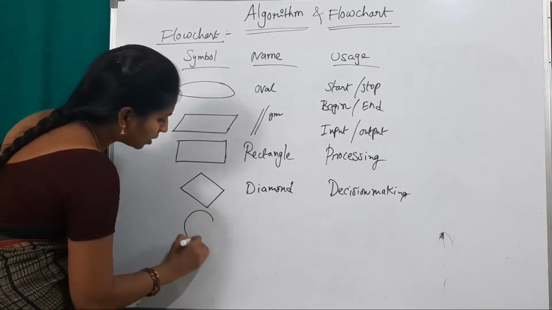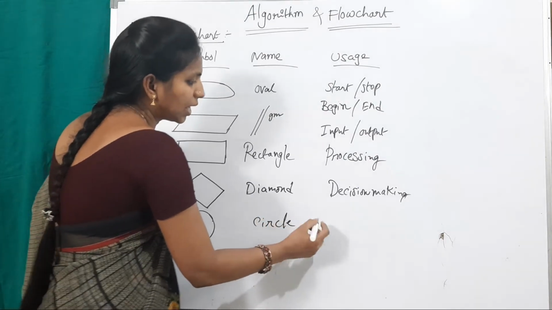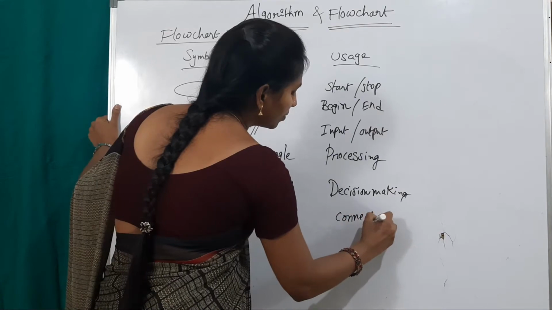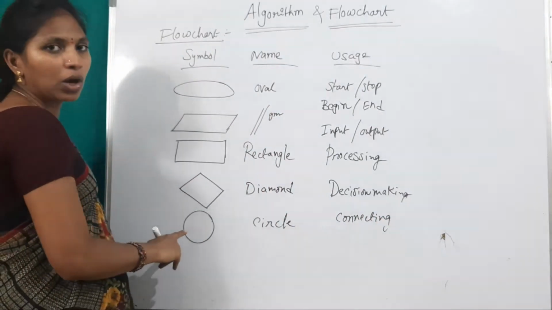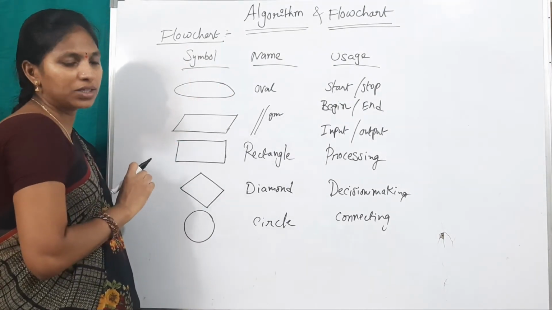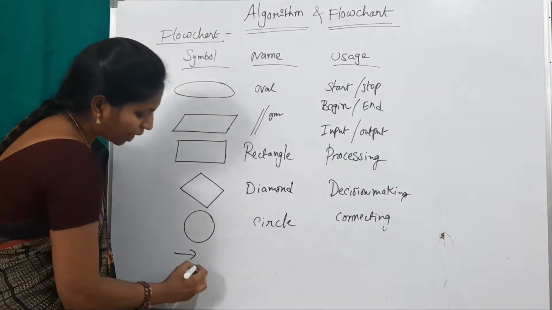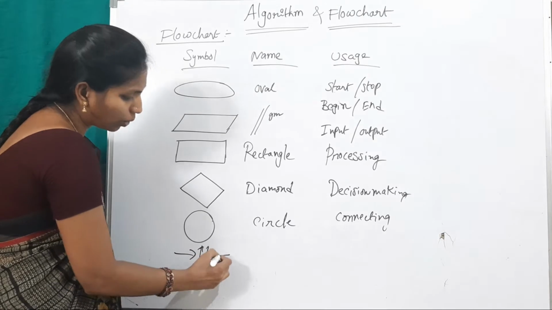And next, circle. The circle's purpose is for connecting two parts of a flowchart or connecting true or false statements. Use connector, circle. And next, arrow marks: left arrow, right arrow, up arrow, down arrow.